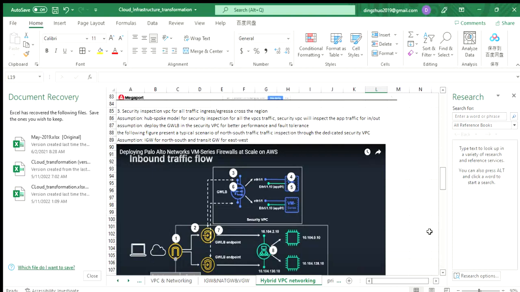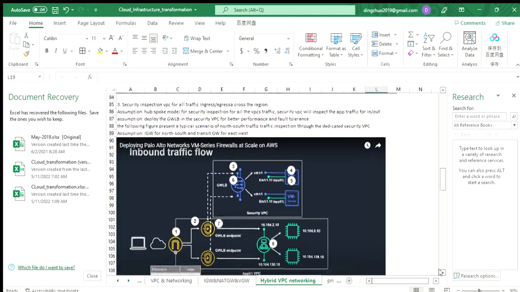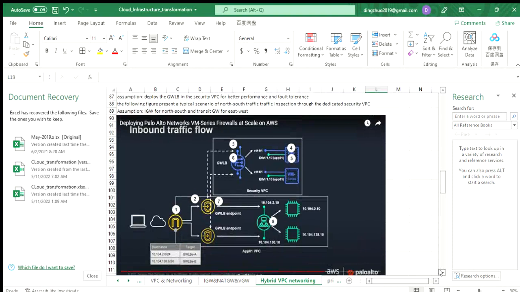Now here's a typical design for the gateway load balancing. If you look at this figure or diagram here, the traffic comes to the internet gateway as number one. On the internet gateway, we are going to add the default route to the gateway load balancer endpoint. Now, the gateway load balancer design has two different points.